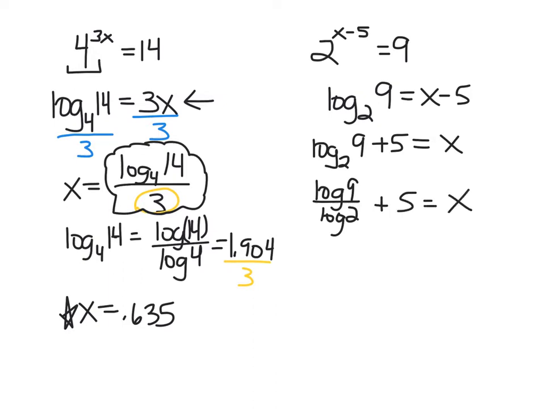Log 9, close your parentheses, divided by log 2, close your parentheses, enter. So I get 3.1699 plus 5 equals x. So 8.170 when we round.